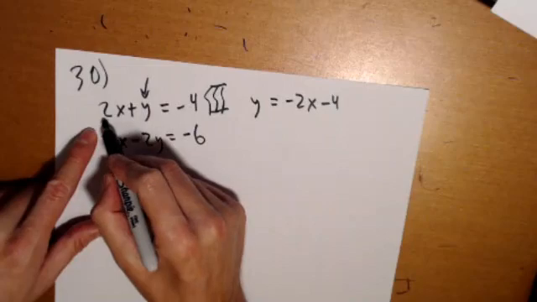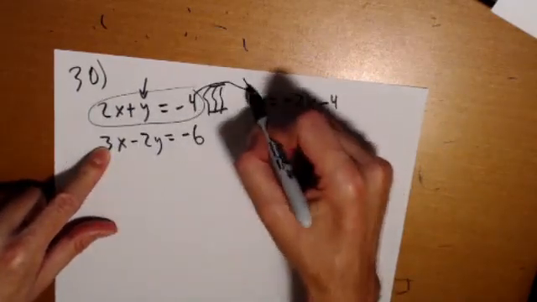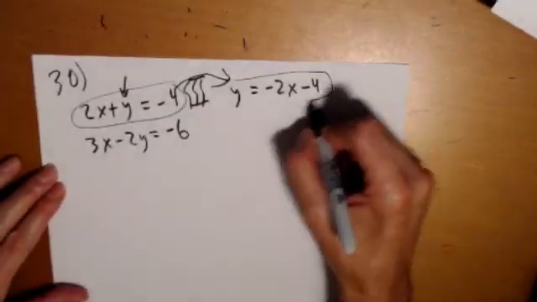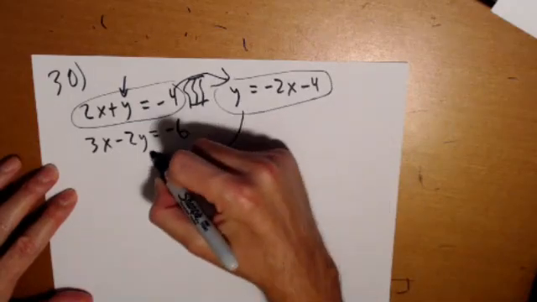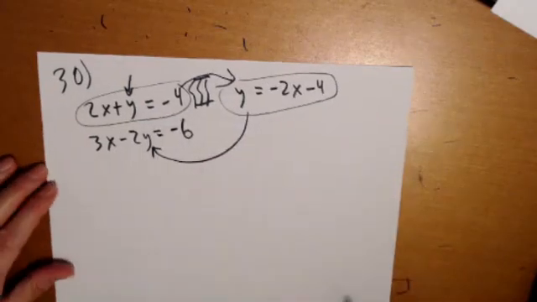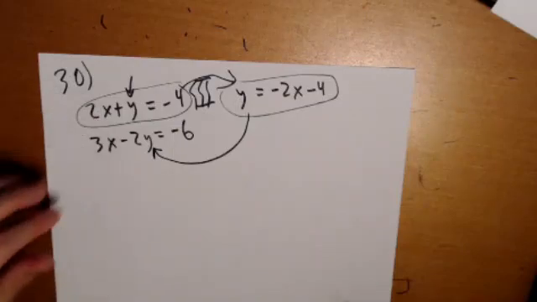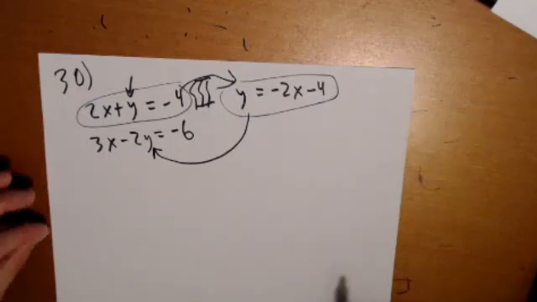So all I did was rearrange this to look like that. So if that's what y is, why don't we plug that in right here? The substitution method is a shortcut. In this one, not so short, but generally speaking, this could save you time.